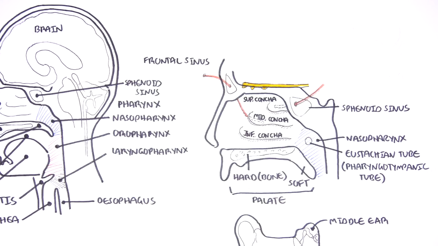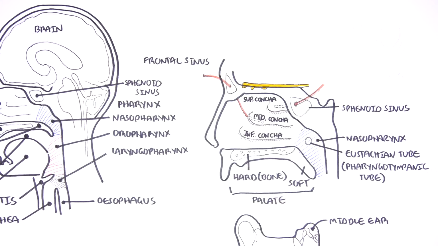Now you can say the nasal cavity has two segments. It has the respiratory segment, which allows air to enter, so oxygen, and also air to go out, so carbon dioxide. And the nasal cavity also has an olfactory segment, which is the area which allows for smell, essentially.